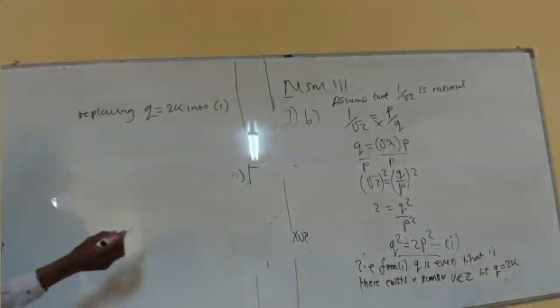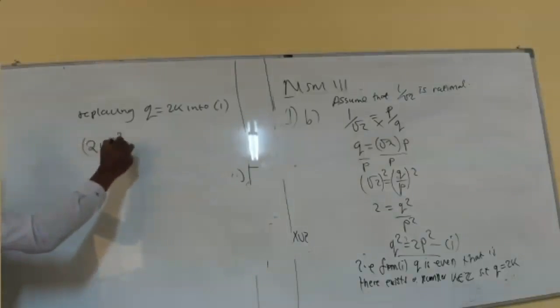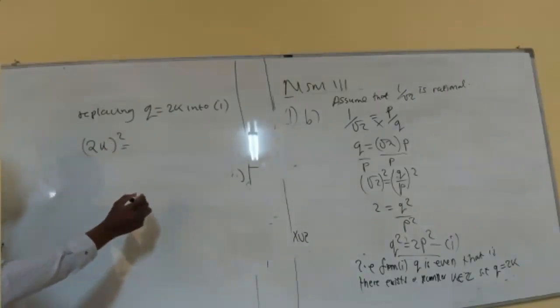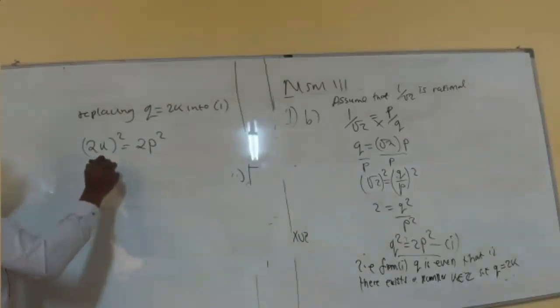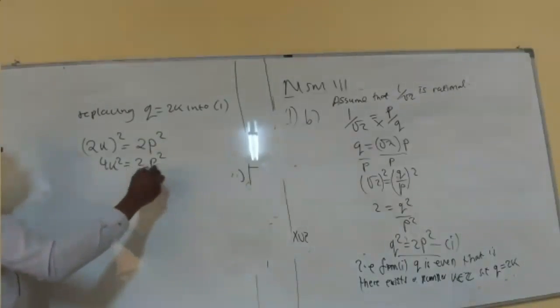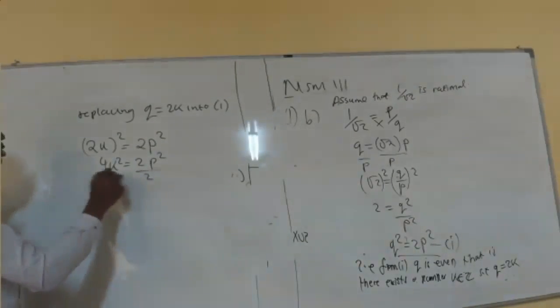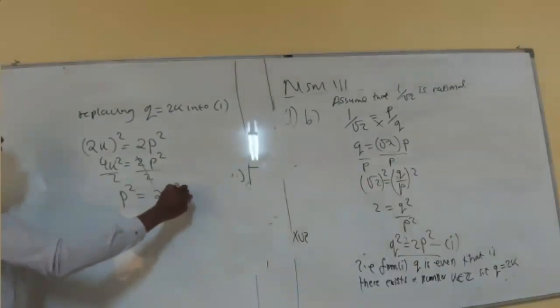We're going to have 2k squared is equal to 2p squared. So we have 4k squared is equal to 2p squared. Then I'm going to divide both sides by 2, then we have p squared is equal to 2k squared.